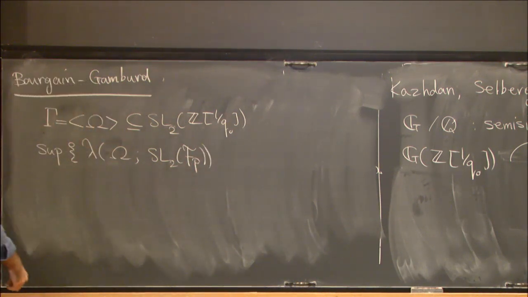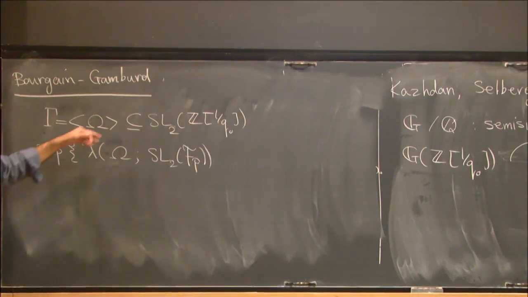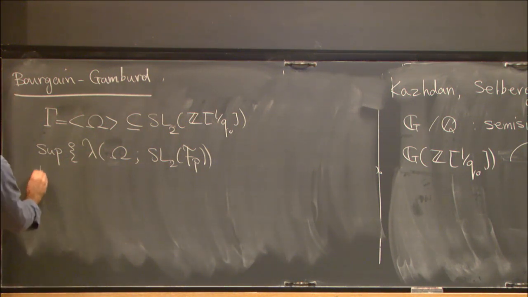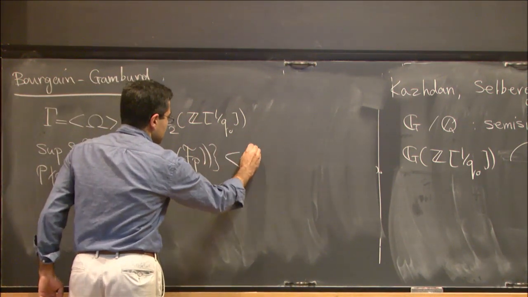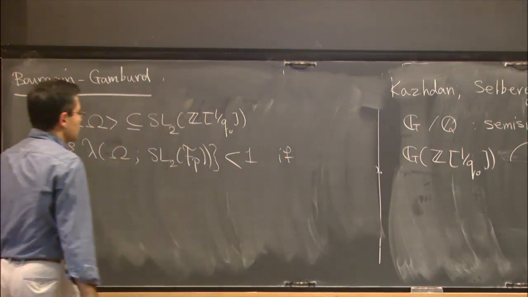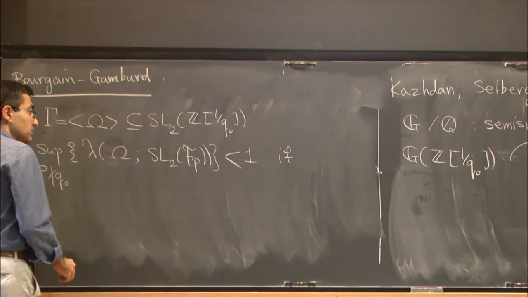So these would induce random walks on the finite quotients of SL_2(F_p)s. So this is less than 1 as soon as the Zariski closure is the entire SL_2.